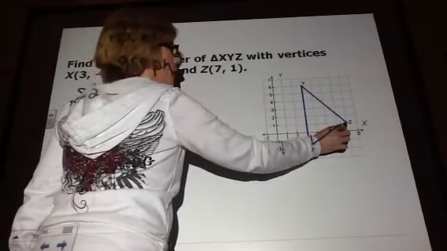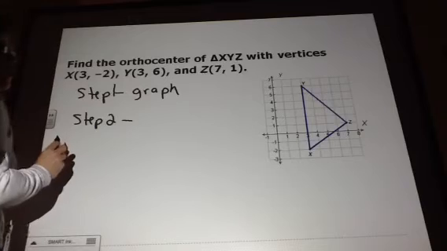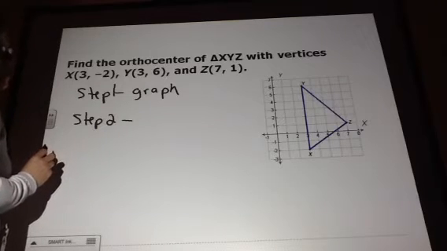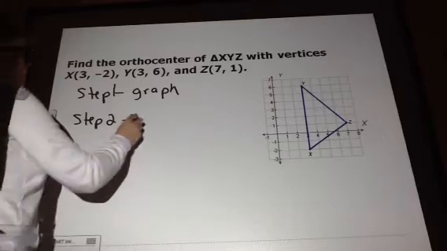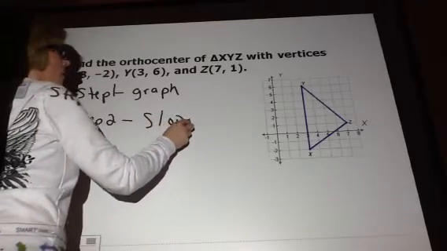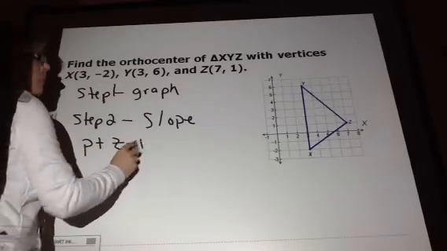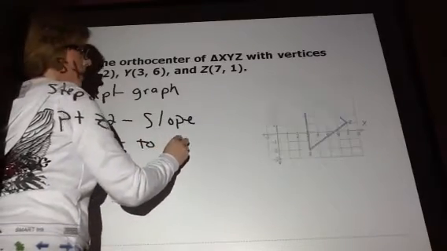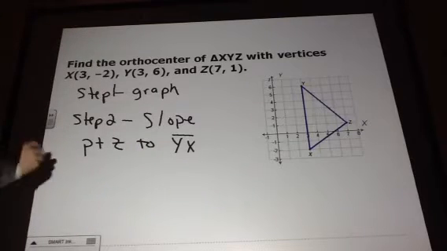We have a point. If we can find the slope, we can substitute into the point-slope equation to find that equation. So step two is let's think slope. We're going to go from point Z to segment YX.